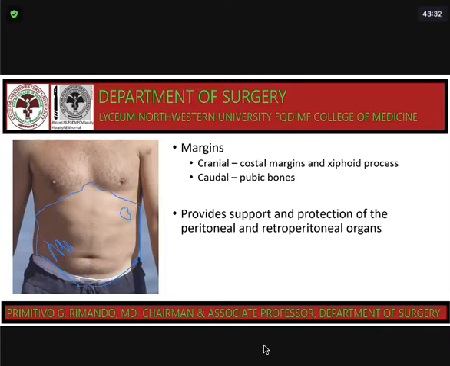When you exert effort in your abdominal muscles, what happens? It also decreases your functional residual capacity. And then the third function is in Valsalva.